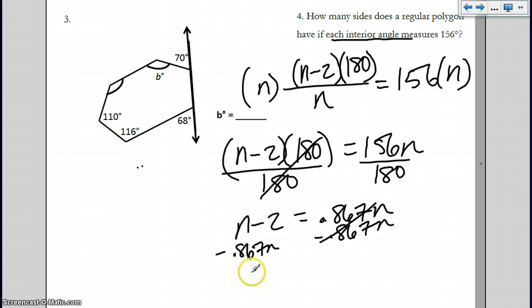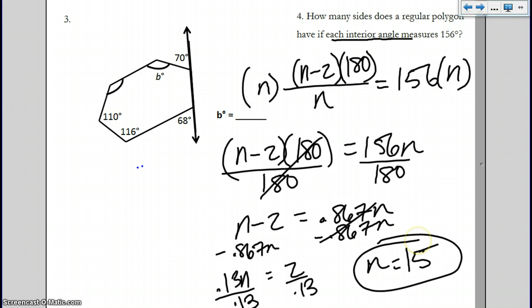That goes away. n, well, 1 minus 0.867 is 0.13. 0.13n is equal to, I want to move this 2 over, so that'll be a positive 2, and now I just take both sides, divide by 0.13, so n is equal to 15. This is a 15-sided figure, so it is called a 15-gon.